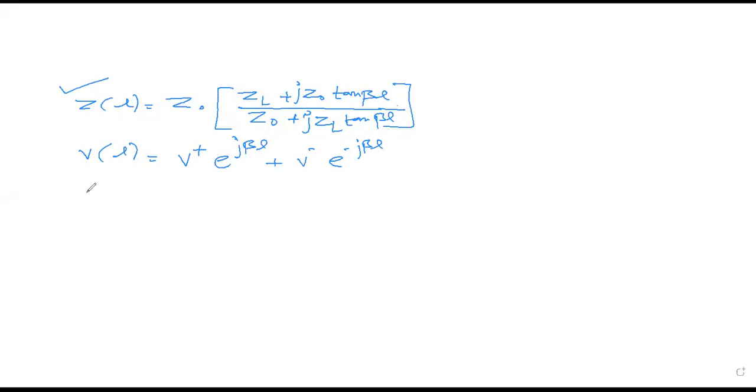Similarly, we got I of L, which was V plus upon Z0 e raised to j beta L minus V minus upon Z0 e raised to minus j beta L. All this we have already derived, and you have already attempted it in exams and scored very well, so I don't have to revise it again. I know you all know these things.